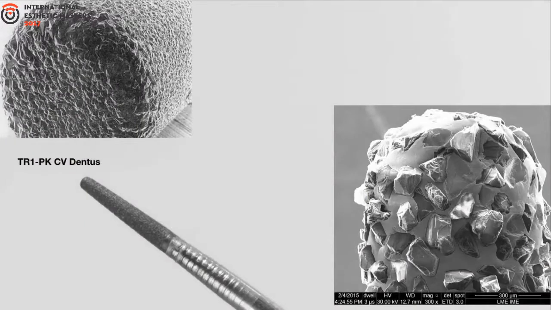These two burrs were magnified 300 micrometers. The right bottom picture shows the conventional burr. To manufacture it, they use the electrolytic process to deposit diamond crystal particles on its tip.